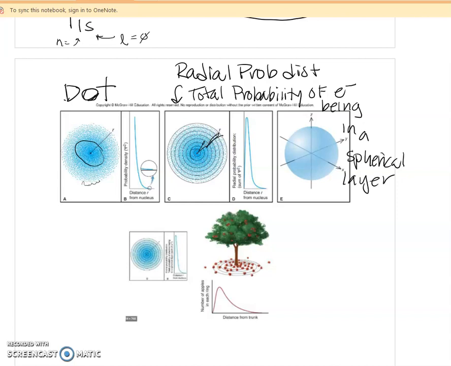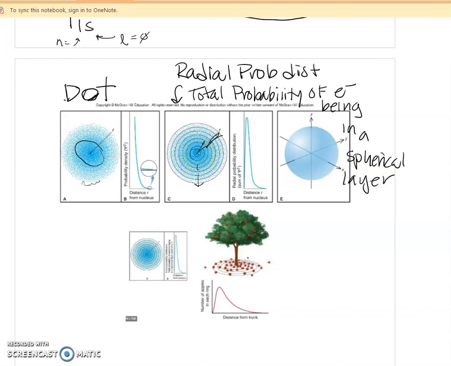Well, what we do for these plots, we take our chi-squared and we multiply it by the volume of the shell. So as we move further and further from the nucleus, notice that the volume of our shells increases. So our radius is getting bigger and bigger. We have more space on the outside than in the center.